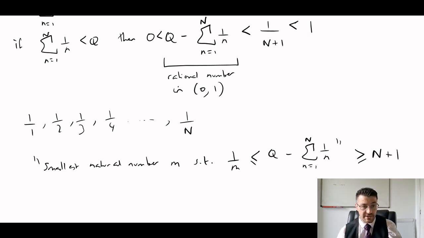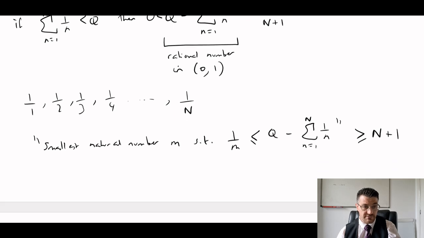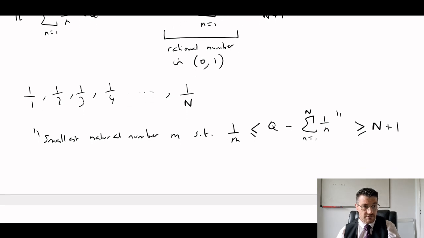I think it's probably going to be greater than or equal to n plus 2. Doesn't make any difference. So, as we hunt for this smallest natural number, we're not going to have to worry about all of these reciprocals of natural numbers that we've already got accounted for. We don't even need to look there.